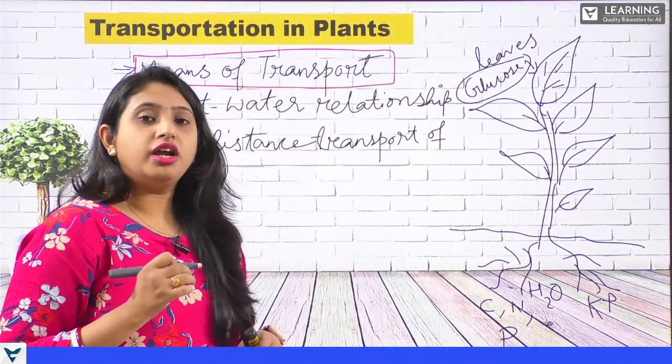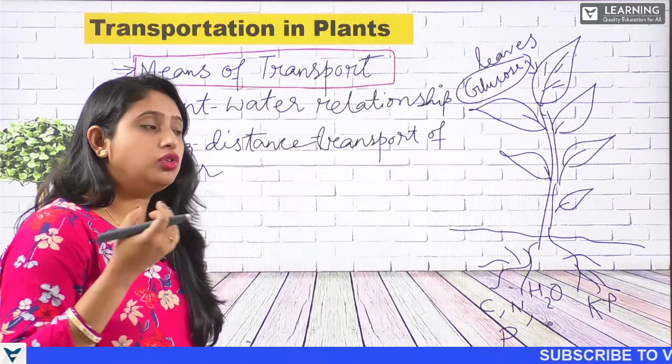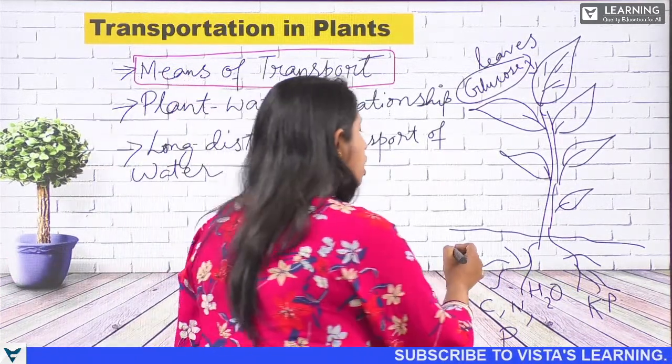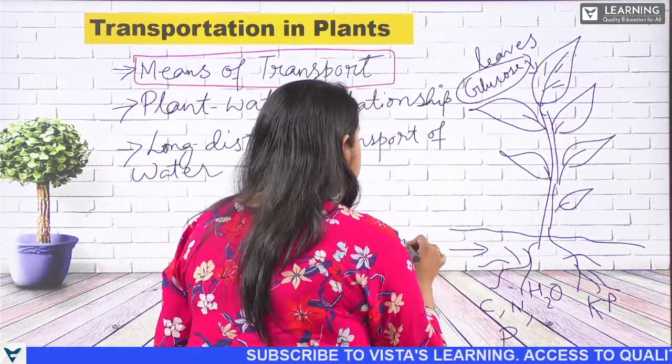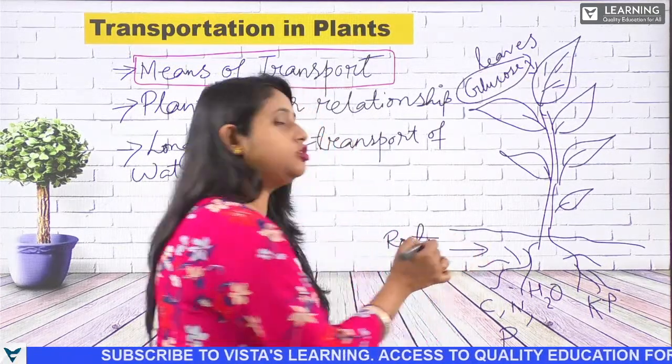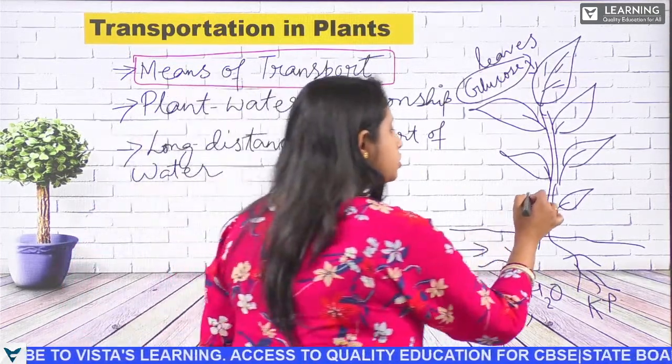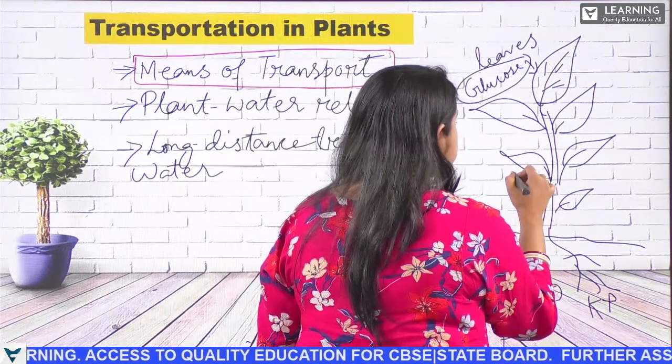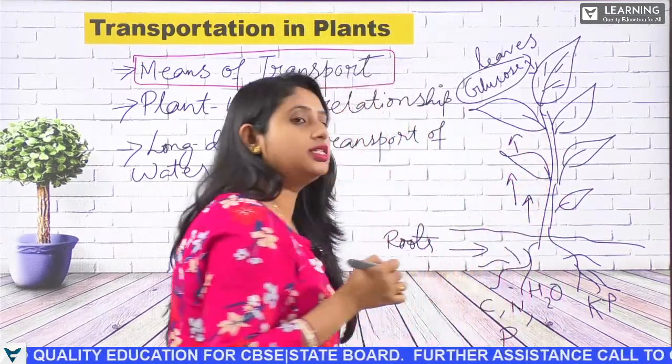These are essential for the growth of the plant. So these are taken up with the help of the roots. After that, this also needs to be transported to various parts of the plants, isn't it?